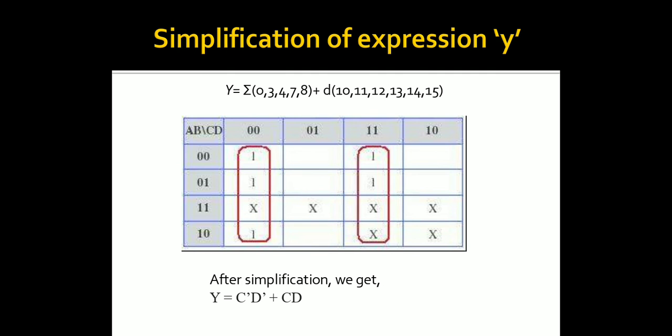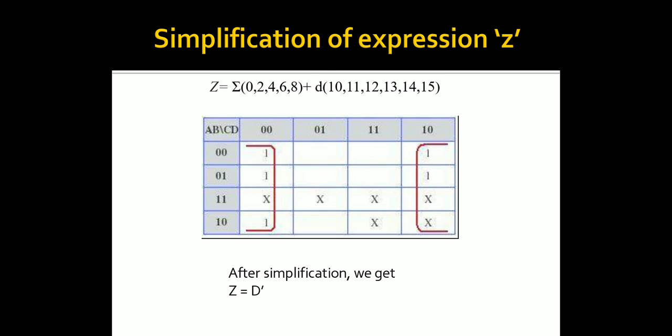The next expression is Y. Y is the summation of the 0th, 3rd, 4th, 7th and 8th terms plus don't care conditions. Here we see that there are two groups of size 4. After simplification we get C bar D bar plus CD, and similarly for Z we have one group of size 8. So Z equals D bar.